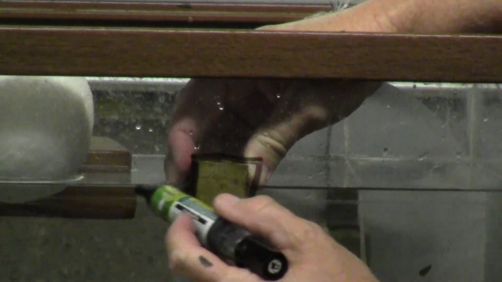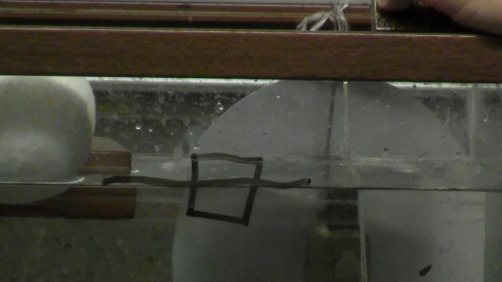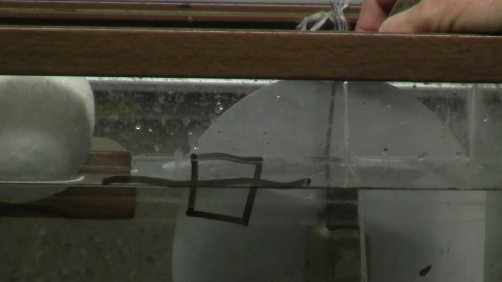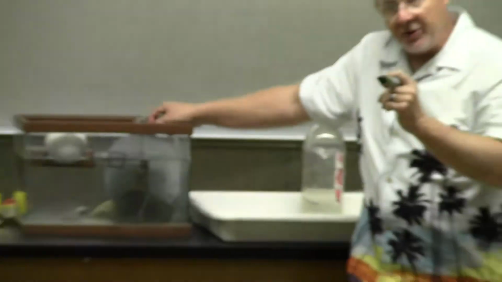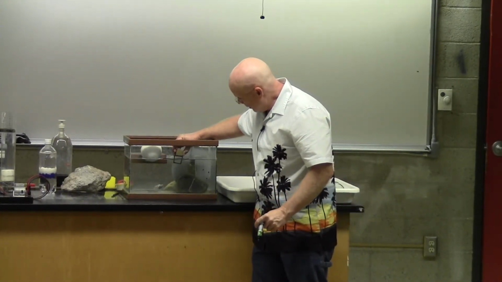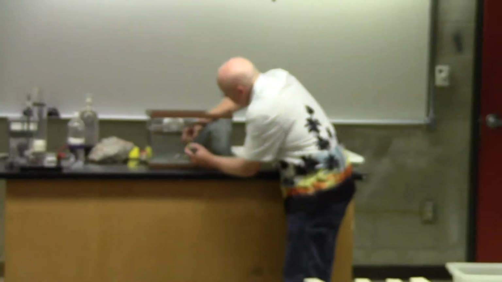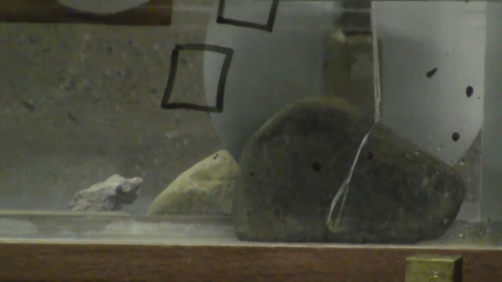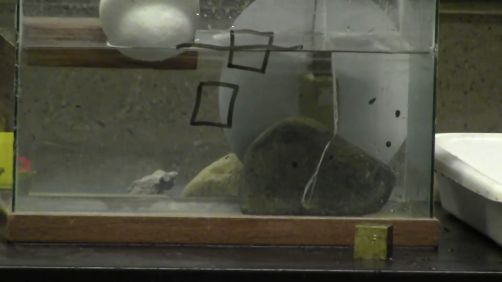Because there's the object, but there's the water level. So as long as some of it is above the water line, I would say the volume of the object and the volume of the displaced fluid aren't the same thing. But ultimately, if it is going to sink, and it goes completely underwater, I would say, once it's completely underwater, the volume of the object and the volume of the fluid are the same.